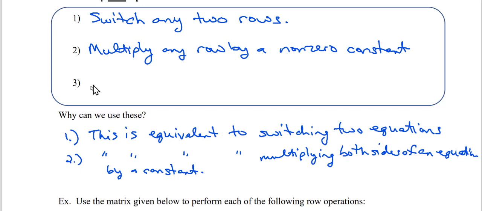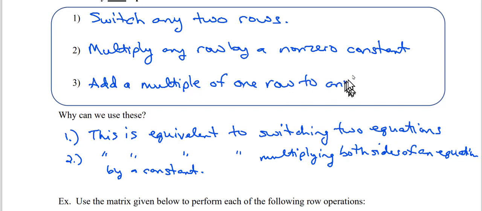The last thing you can do is you can add a multiple of one row to another row, or to a multiple of another row if you need to, but we don't typically do that. I'll show you why.